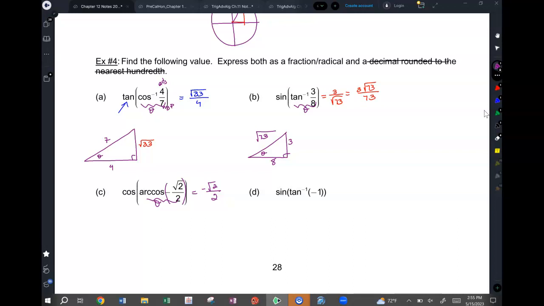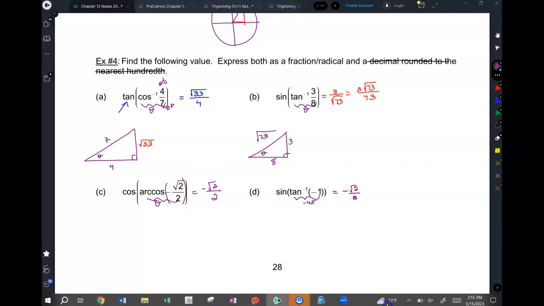Can you do it also with tan? Okay, let's do this next one. This one, no, because it's tangent. So, inverse tangent of -1. For what angle is tangent equal to -1? -45 degrees. What's the sine of that? -√2/2.